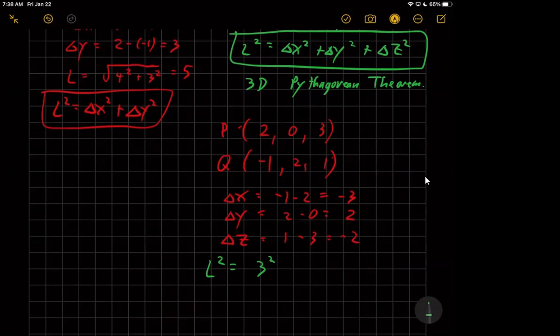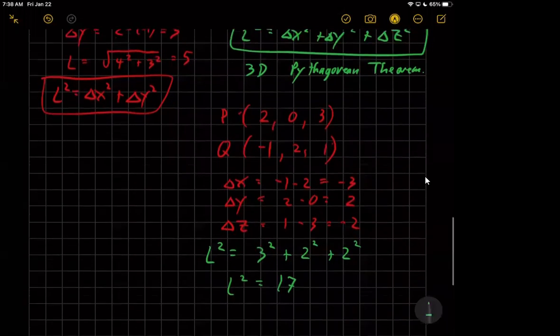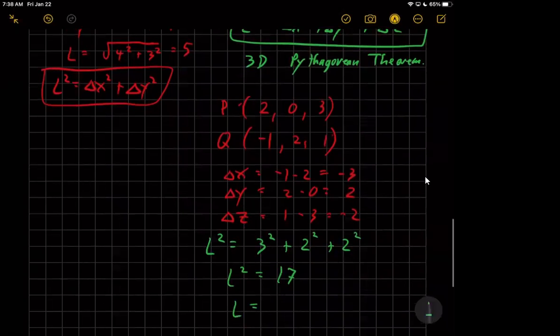So just use 3 squared plus 2 squared plus 2 squared again. So L squared is equal to 9 plus 4 plus 4. I believe that's 17. So the length of this line connecting P to Q would be the square root of 17.